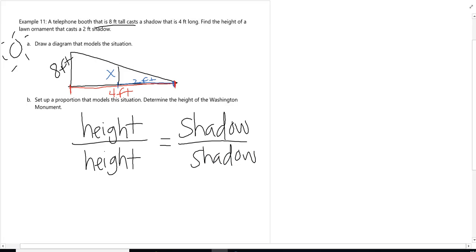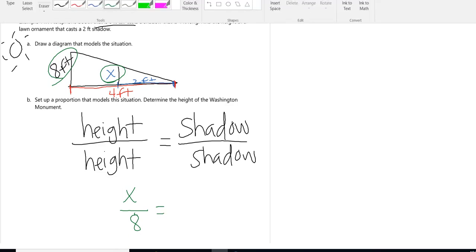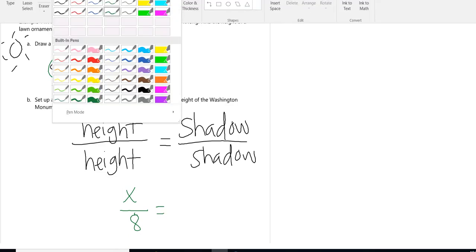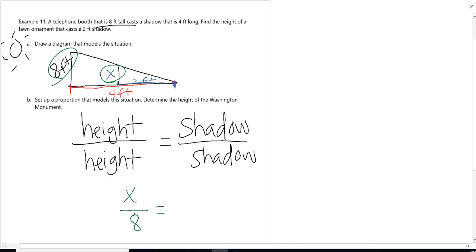So, our height, x, over the height of the phone booth, which is 8. That's going to correspond to, and be proportional, use orange, to the shadow of our ornament, which is 2, over the shadow of the phone booth, which is 4.